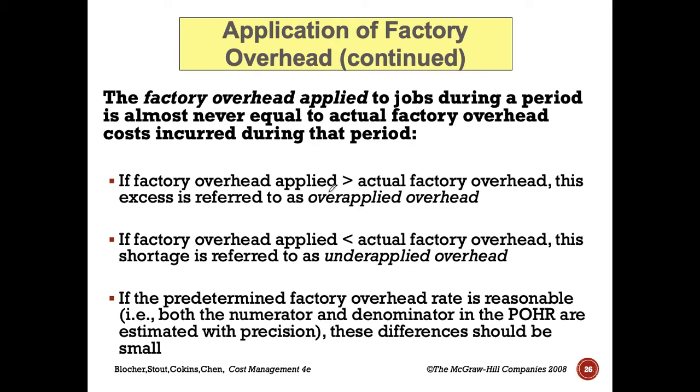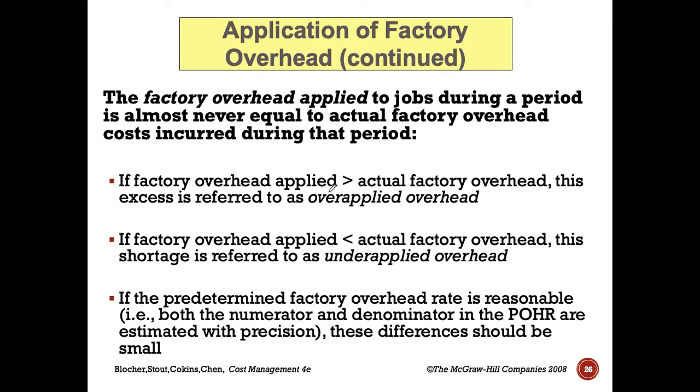Now, the factory overhead applied to jobs during a period is almost never equal to actual factory overhead costs incurred during that period. So if factory overhead applied is higher than actual factory overhead, this excess is referred to as over-applied overhead. And if factory overhead applied is lower than actual factory overhead, this shortage is referred to as under-applied overhead.